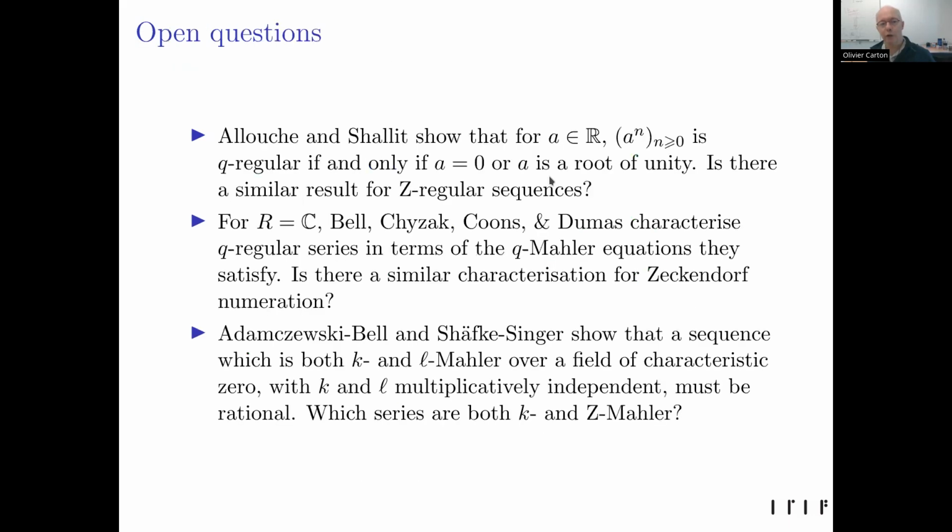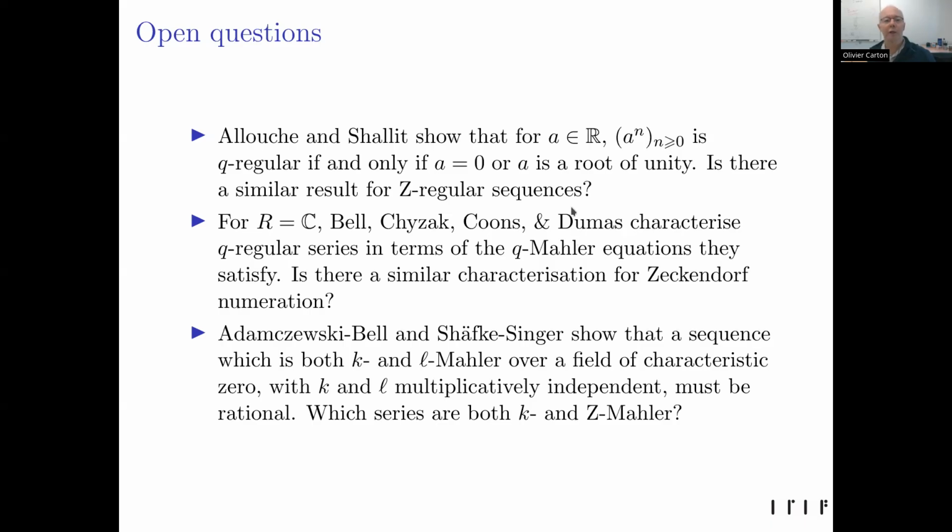And actually, the gap has been closed in the case where the field is the field of complex numbers. And then they have a complete characterization of series which are Q-Mahler, and it uses the roots of a polynomial, and the roots of unity have an important role in this characterization.